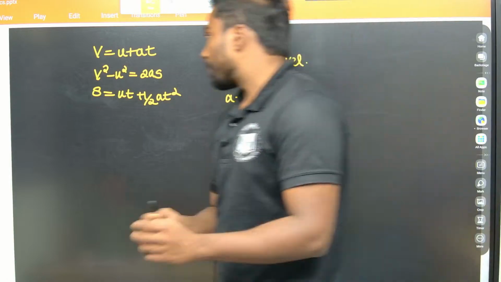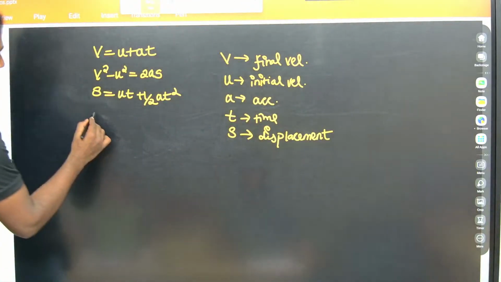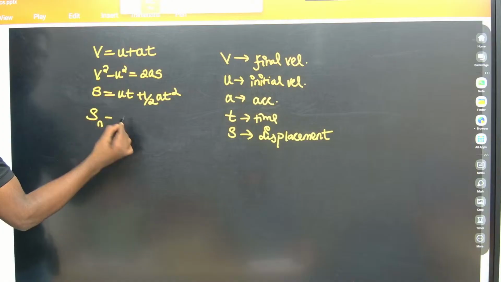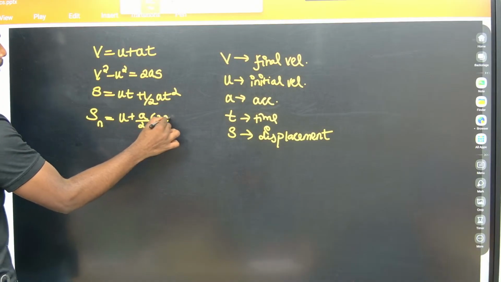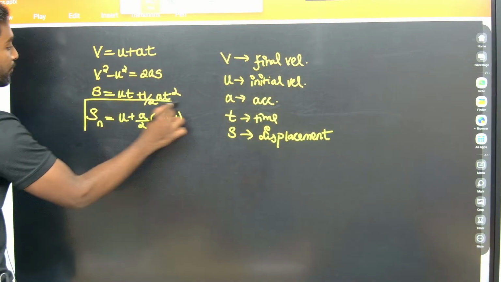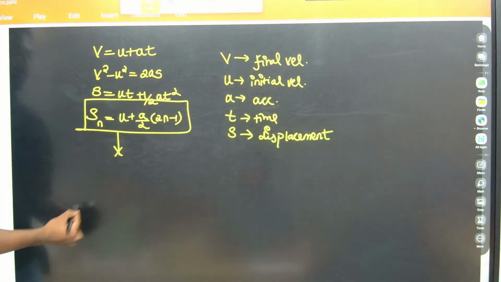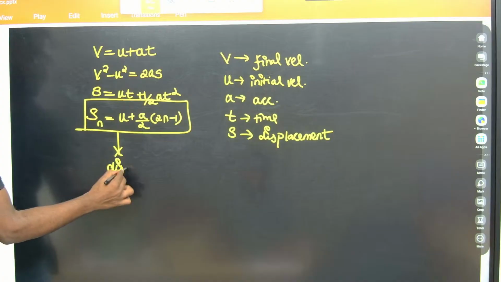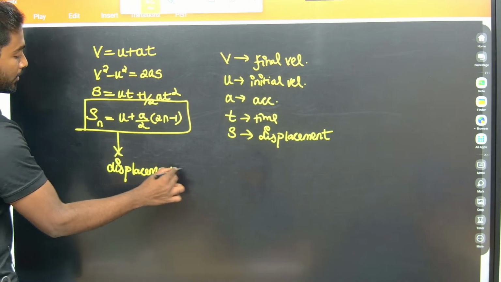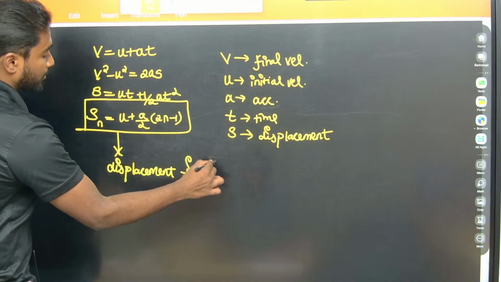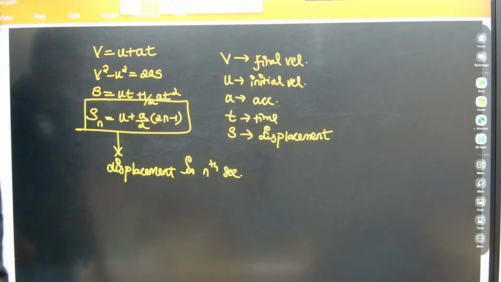Okay, so formula will be Sn equals u plus a by 2 into (2n minus 1). So this is for displacement in nth second. Okay, take down.